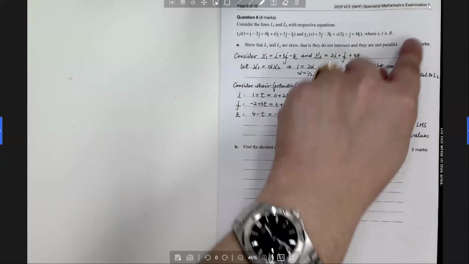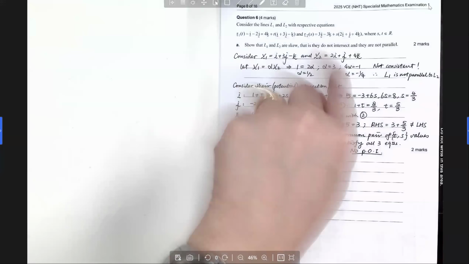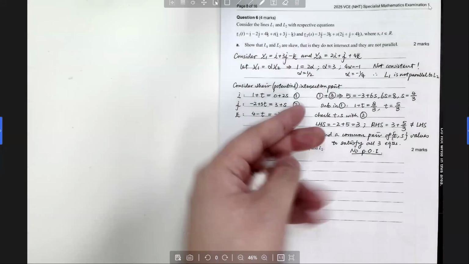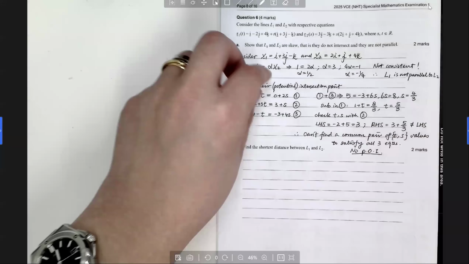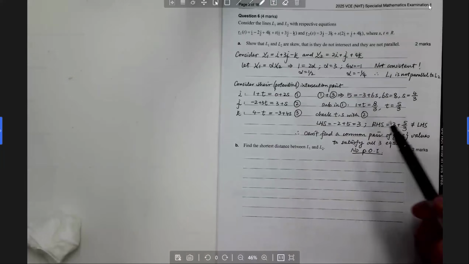You can see the 2 marks. 1 mark is for showing the 2 direction vectors are not parallel to each other. And another mark is to show one set of suitable working to prove the 3 equations are inconsistent. Okay, you might have other methods.